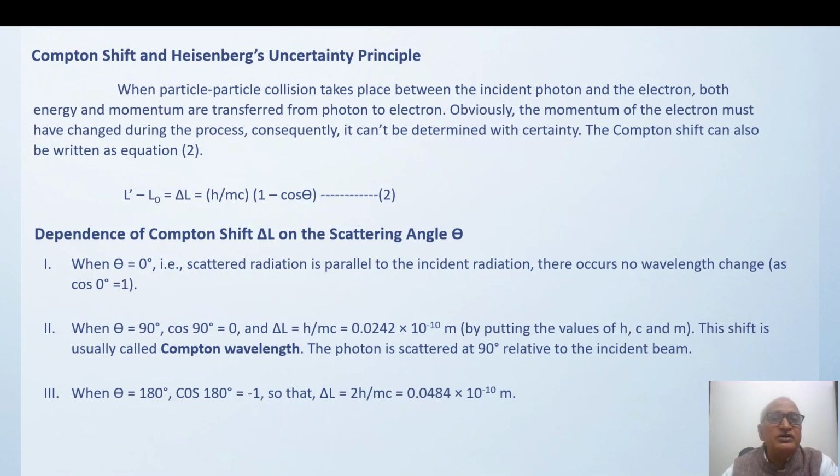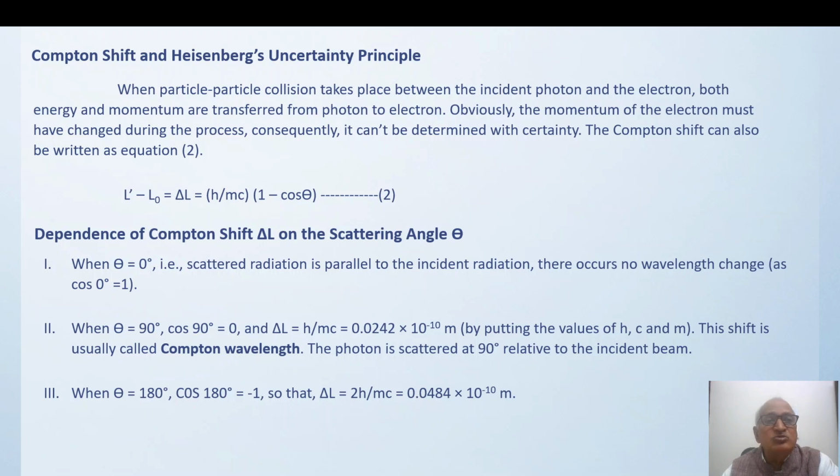When particle-particle collision takes place between the incident photon and the electron, both energy and momentum are transferred from photon to electron. I repeat, when a photon collides with the electron on the surface atom of the target, what happens?